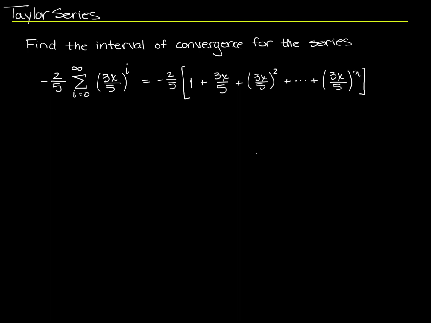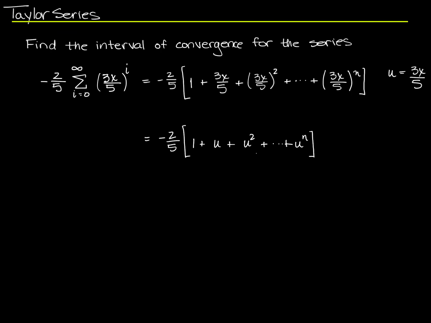Now, if I do a u substitution for 3x over 5, I get something that looks like this: negative 2/5 times 1 plus u plus u squared, up to u to the power of n.